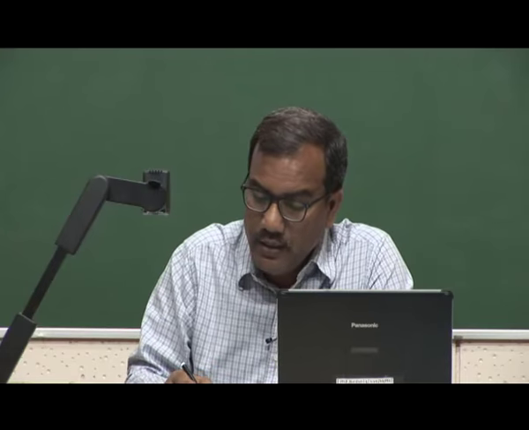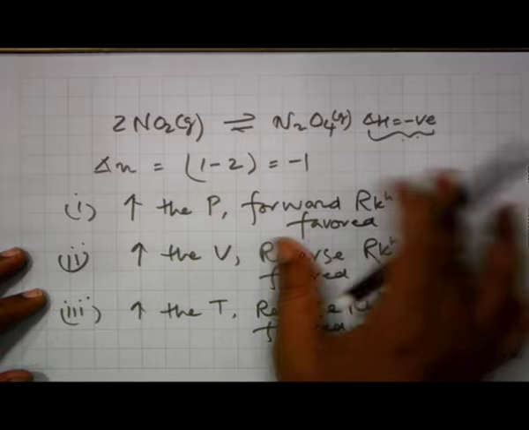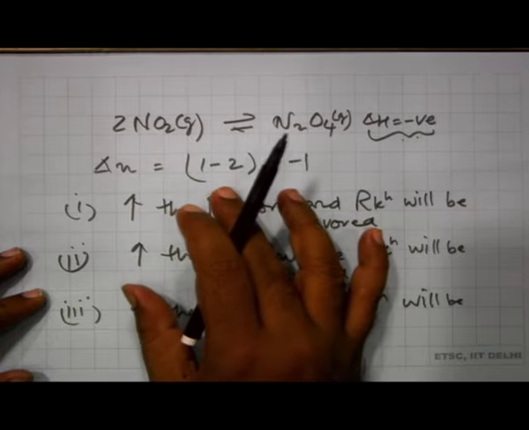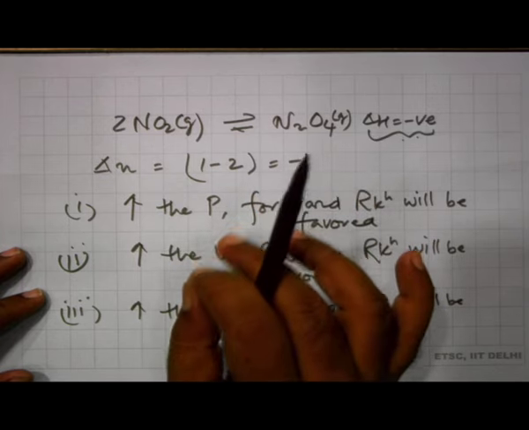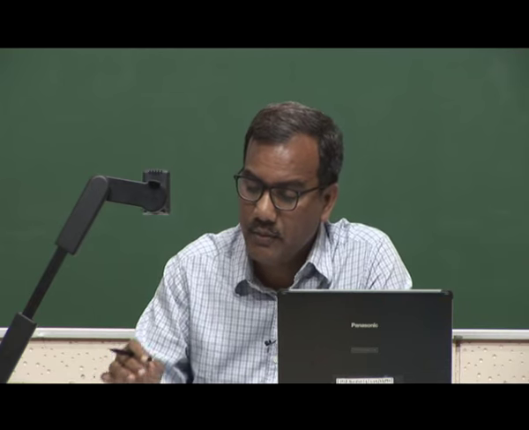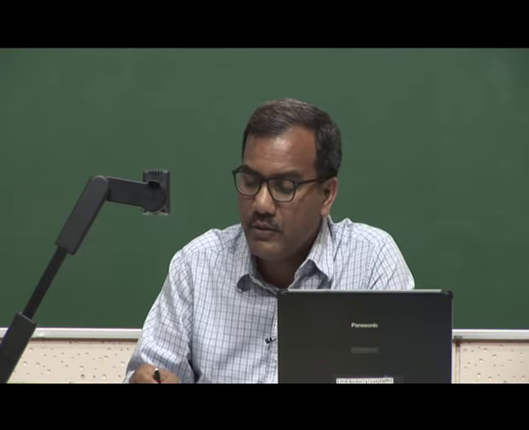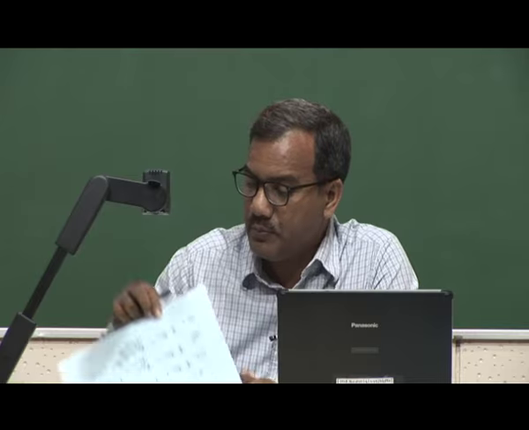Okay. Effect of inert gas: at constant volume it will not affect, but at constant pressure your reaction can be affected. It will be just opposite to this. In this case your reverse reaction will be favored.